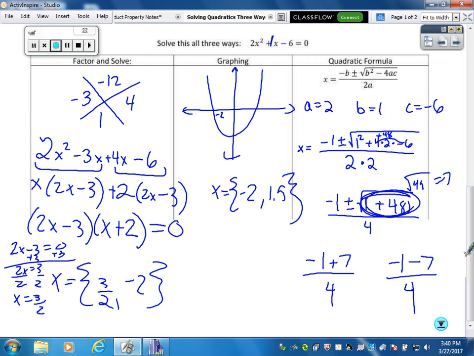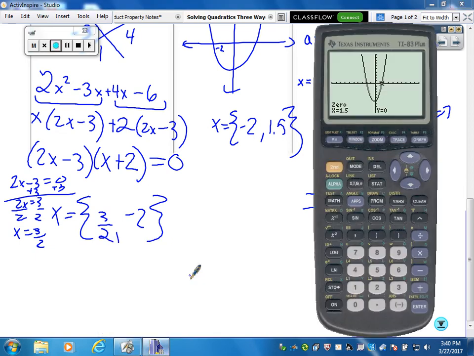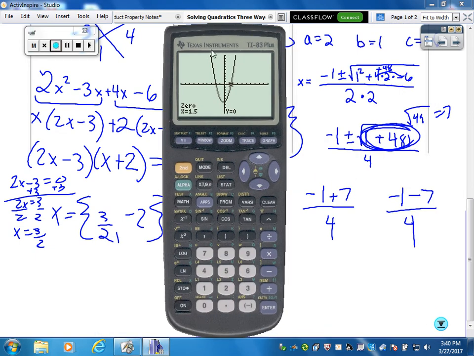So if you choose to do this in your calculator, you've got to be careful. And I know sometimes we do choose to do some easy math in our calc. So I just want you to be nice and easy. Make sure you say -1 plus 7, hit enter, and then divide by 2. Because if you forget that divide by 2, we're getting something a little weird out there. What's going on?